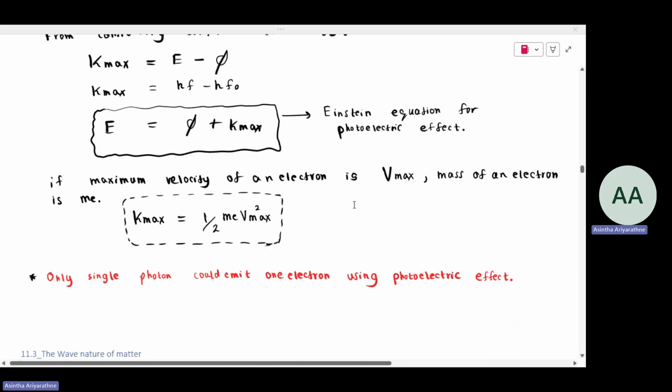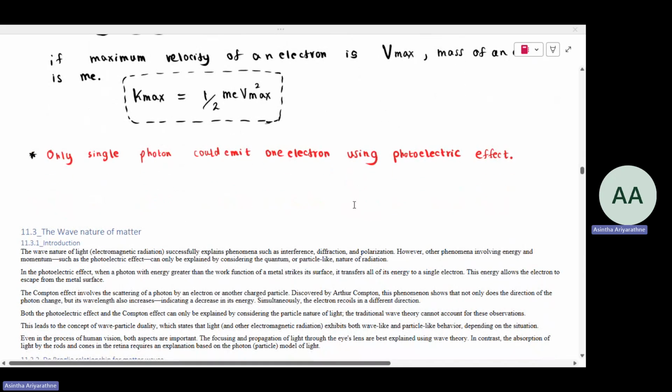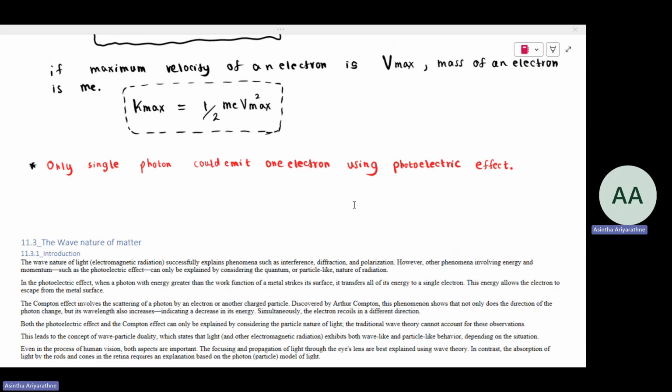There is no combination, right? Two photons cannot emit one electron. Always one photon could emit one electron.